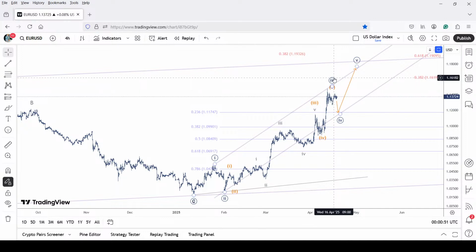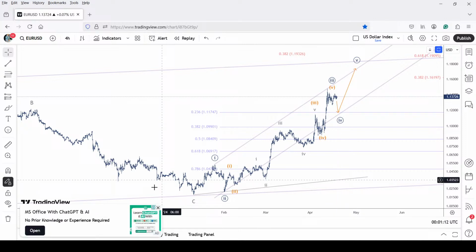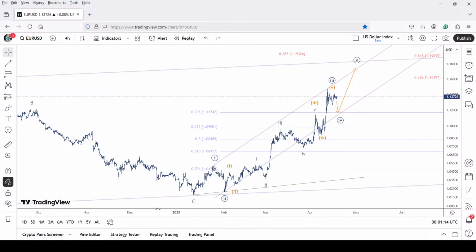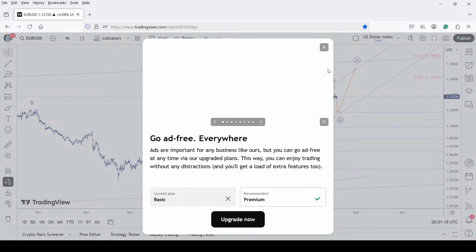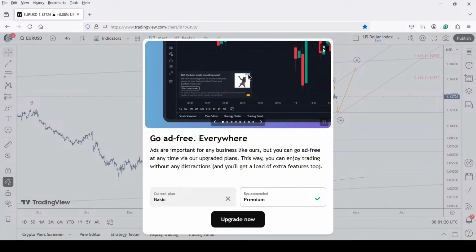We are already within the minute wave 4, not exactly the halfway mark, but we are just about to drop towards 1.1180, which is the 38.2% or 23.6% Fibonacci retracement of the minute wave 3, which finally was an extended wave.